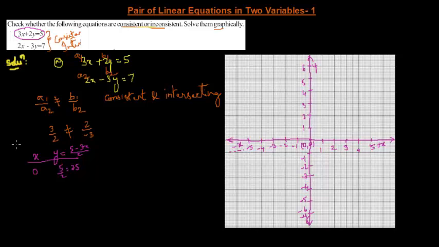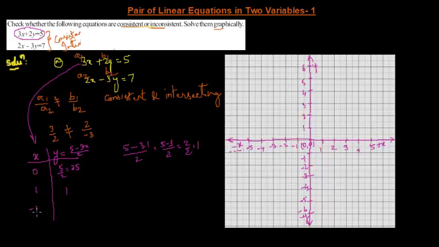Now I have taken this first equation. Next one is 1. If I take x is equal to 1, then y is equal to 5 minus 3 into 1 divided by 2, which is 2 by 2 is equal to 1. So I am getting 1.